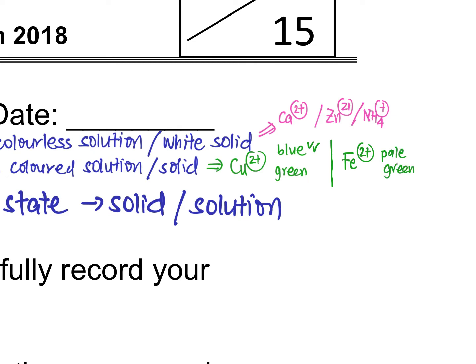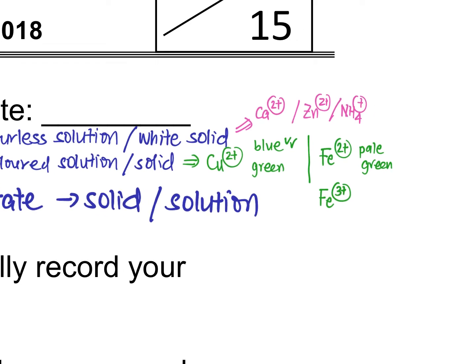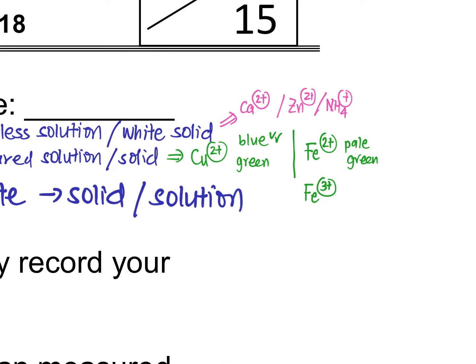What's the last one that is colored? Fe3+. Okay, dirty green is only used to describe the precipitate. The solution itself, you can't see the dirty green. Okay, if it's iron 3+ solution, it can be orange brown.